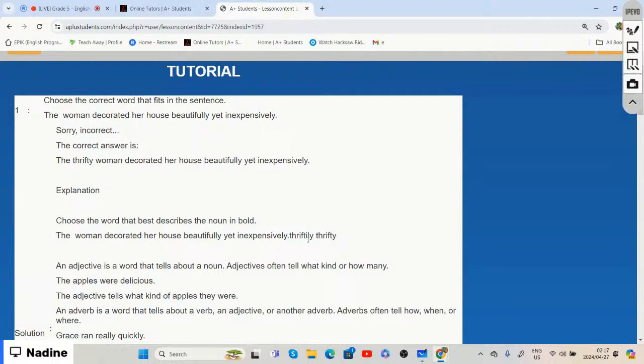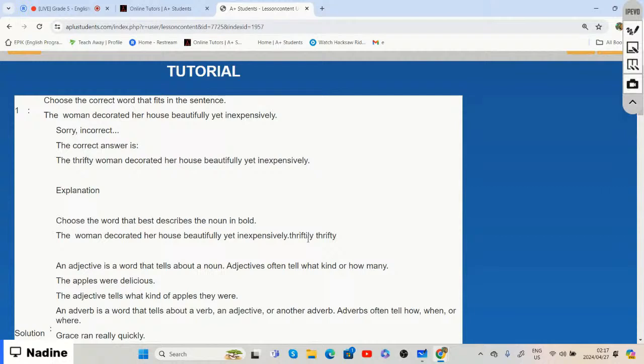So if we look at this sentence, we need to select the adverb within the sentence that tells us how she would decorate her house.